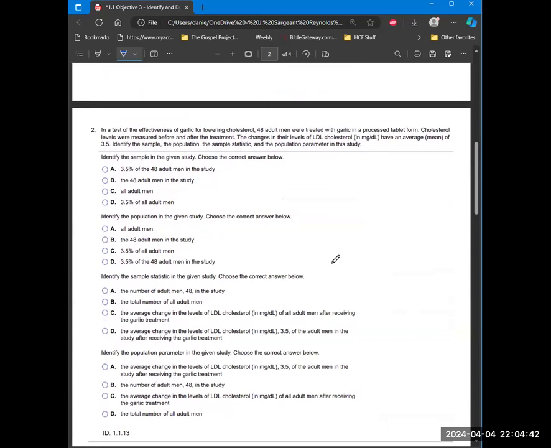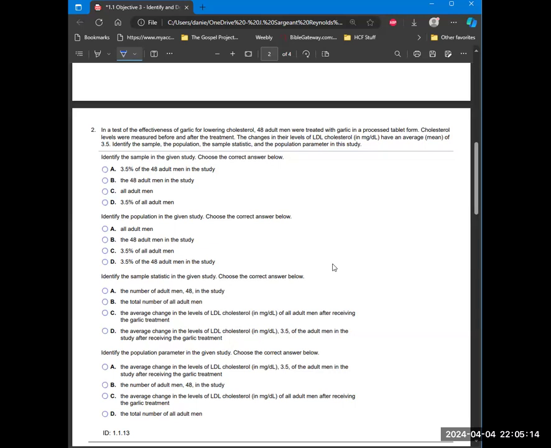In a test of the effectiveness of garlic for lowering cholesterol, 48 adult men were treated with garlic in a processed tablet form. Cholesterol levels were measured before and after the treatment. The changes in their levels of LDL cholesterol in milligrams per deciliter have an average or mean value of 3.5.